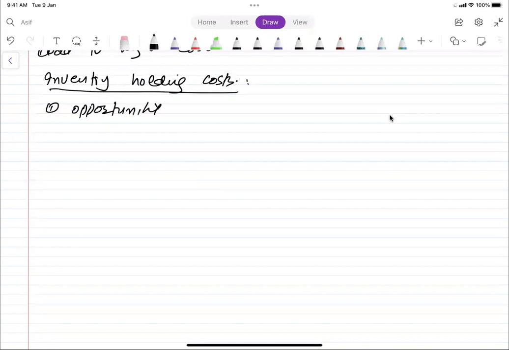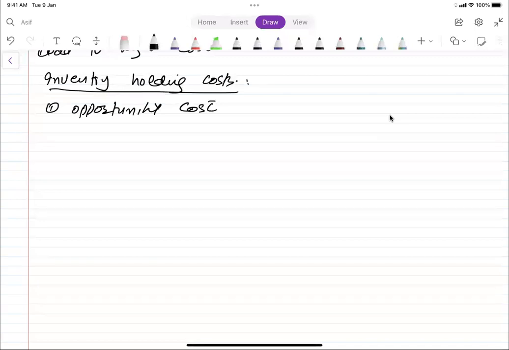If we have not invested this amount of money in inventory, we might have kept the same money in the bank, and we might have received interest on that, because of the capital cost involved in keeping the inventory. We spend money in purchasing the inventory. So a lot of working capital is tied up in the goods if the goods are stored, and that working capital might have another use.